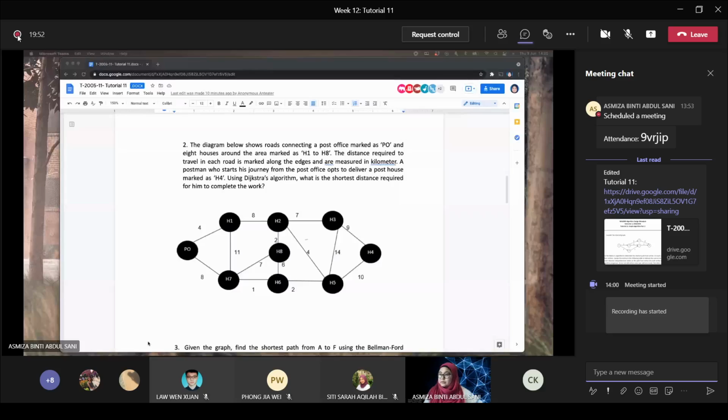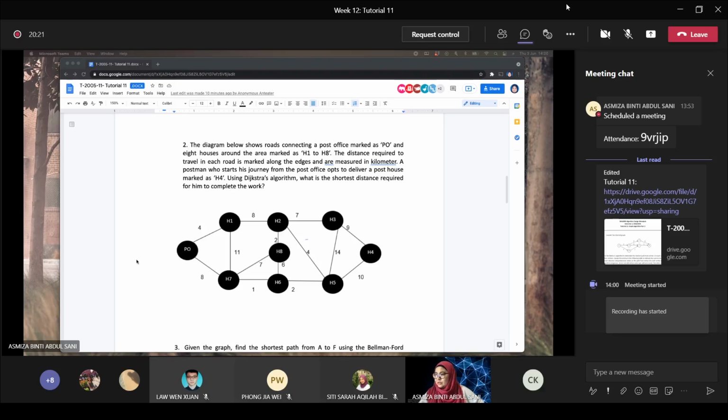Let's look at question number 2, still applying Dijkstra. This time we need to find the distance to get from the post office to house H4.